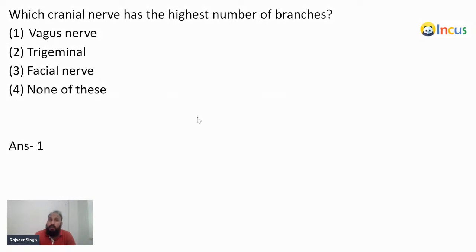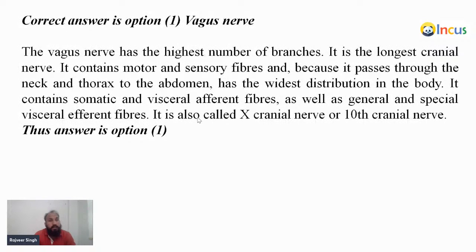Next one: which cranial nerve has the highest number of branches? Vagus, trigeminal, facial, or none of them. The answer will be vagus. Why? Because the vagus nerve has the highest number of branches. It is the longest cranial nerve.